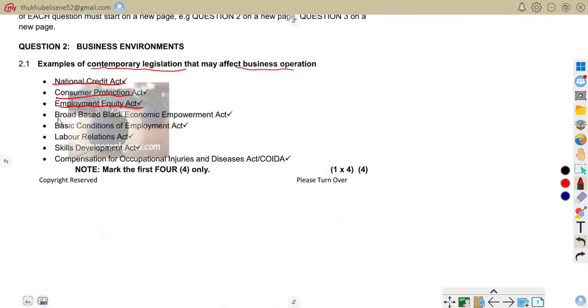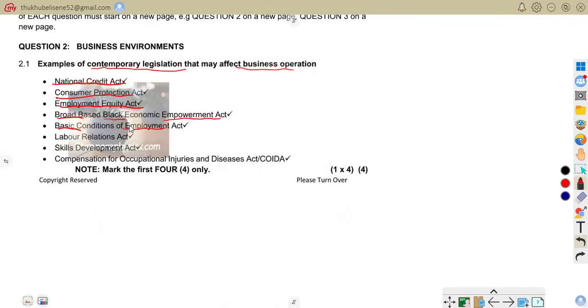Another one can be Broad-Based Black Economic Empowerment Act, which we call BBEE. It's all about encouraging economic participation of previously disadvantaged groups. Then we have Basic Conditions of Employment Act.